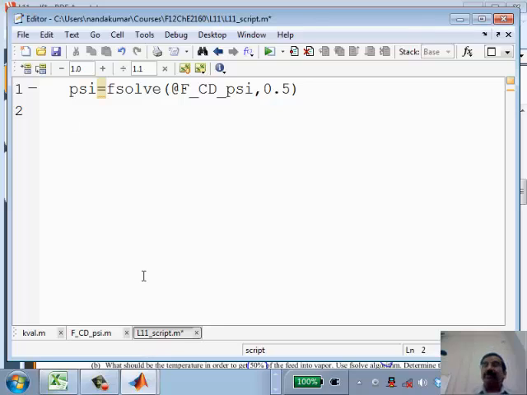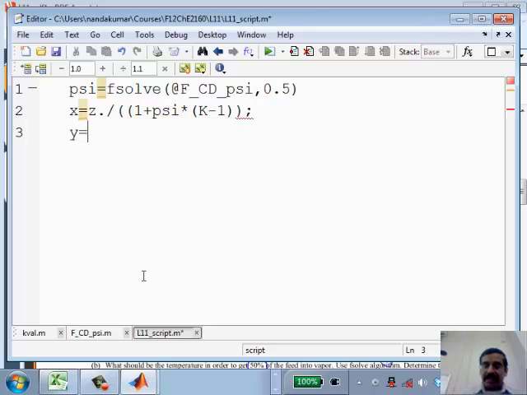So I want to calculate x values. So x is going to be equal to, can you tell me what the equation is? Z divided by, open parentheses, 1 plus psi, open, k minus 1, close, close. Does that look right?